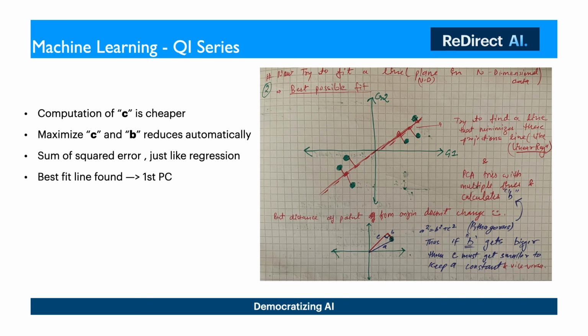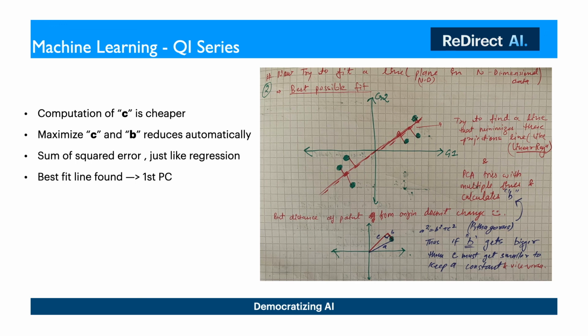Now, going to the second principal component. The second principal component would be nothing but a line perpendicular to the first principal component. And for this same line, we'll again calculate this A, B, and C relationship. This will again have some distances B, and we'll take the square of it, which we call the sum of squared error.